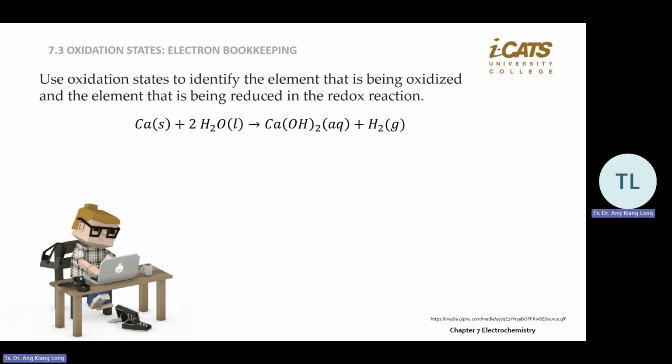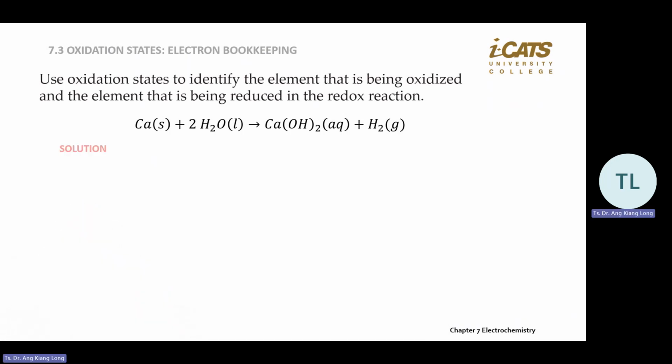Then you have two products: Ca(OH)2 aqueous and H2 gas. Observe the steps first. What do we do? We do the calculation for oxidation state.